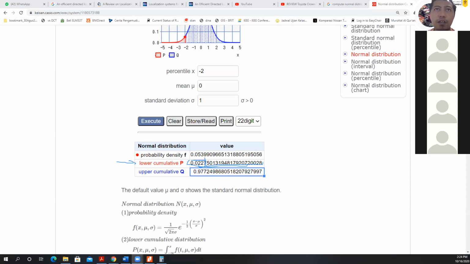So from this point it is an approximation. For twice the standard deviation, this can be approximately around 95%. And for this one it is around 97%, something like that.